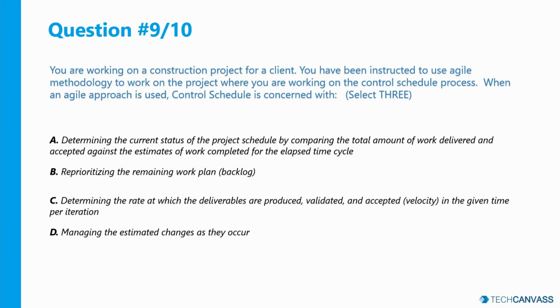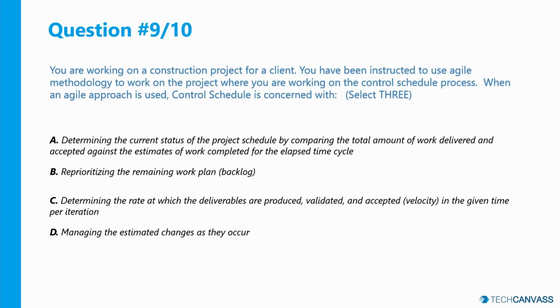Now, when an agile approach is used, control schedule is concerned with this. Determine the current status of the project schedule, and you do that by comparing the total work delivered and accepted against the estimated work completed for the elapsed time cycle. Right?